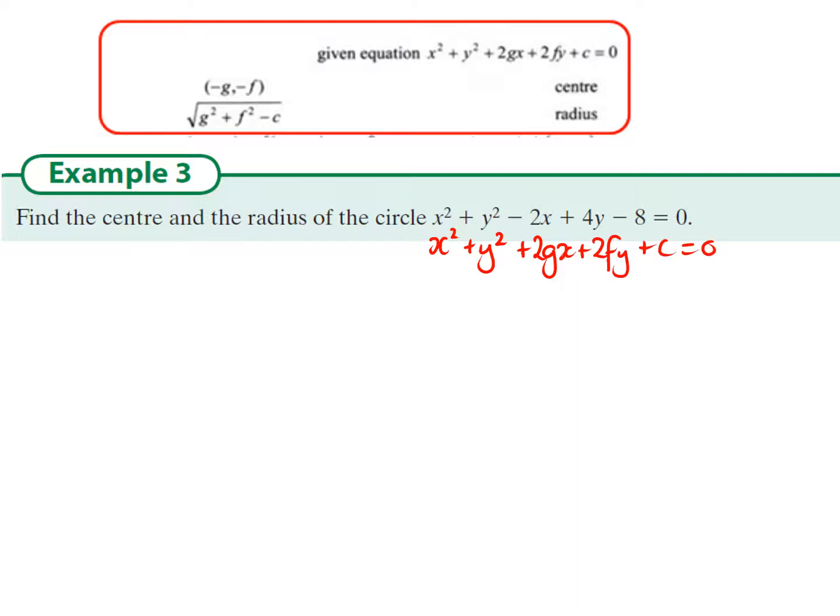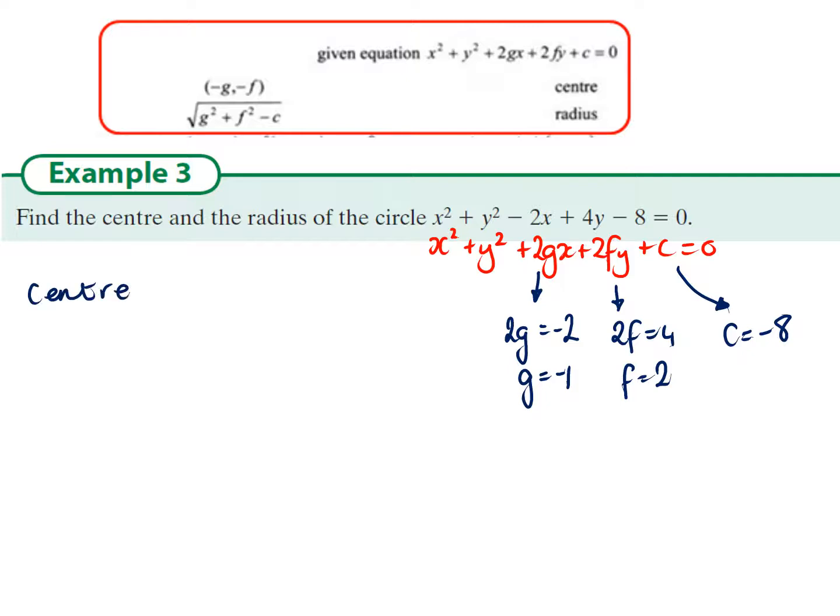And then I'm going to deal with each piece. So I have 2g here is equal to minus 2. Therefore, g is equal to minus 1. In this part, I have 2f equals 4. So f equals 2. And here, c equals minus 3. Oh, sorry, minus 8.